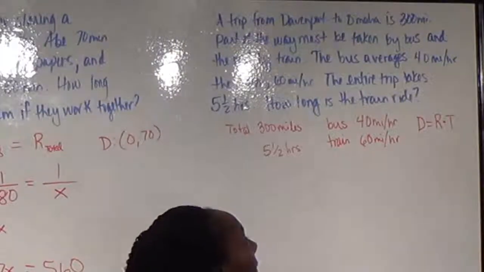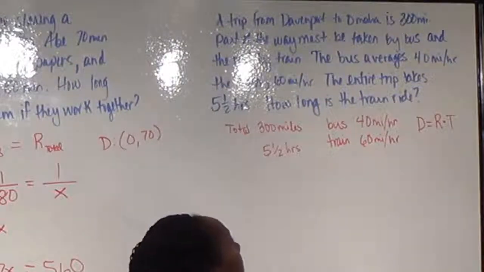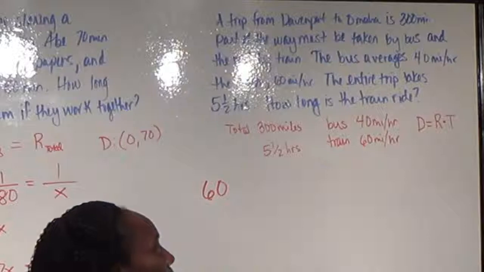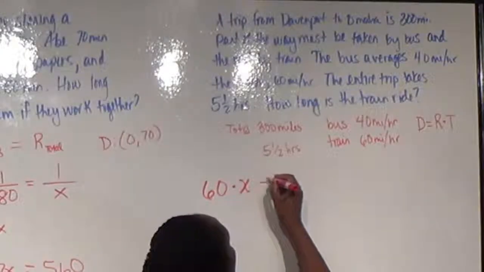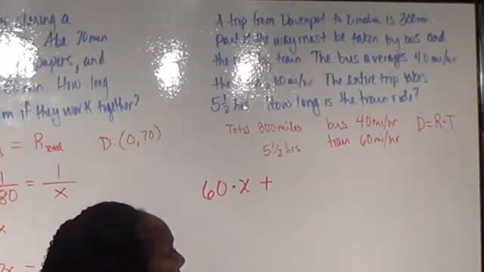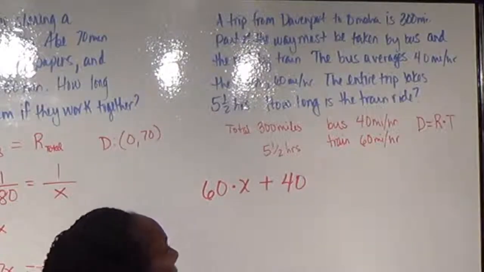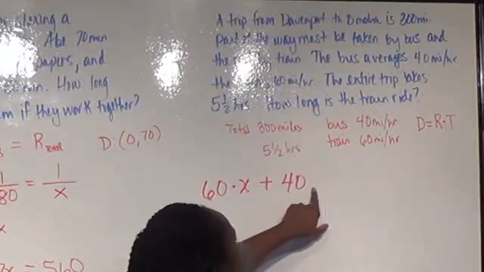So we're trying to find the time for the train ride. So we're going to let that be x. So we know 60 miles per hour, so that's our rate, times our time, plus the 40 miles per hour, that's our rate for the bus. We don't know the bus ride, and we don't know necessarily that they're the same, so we can't just use x again.